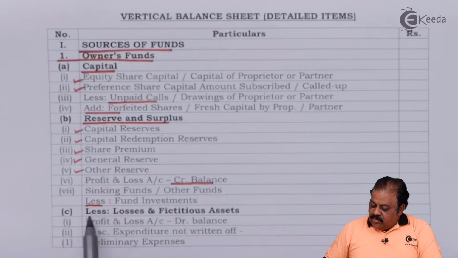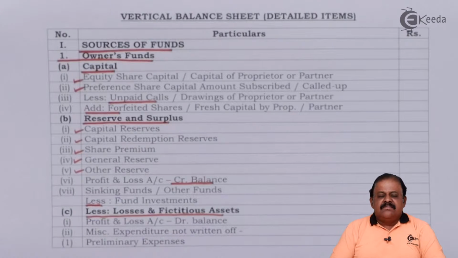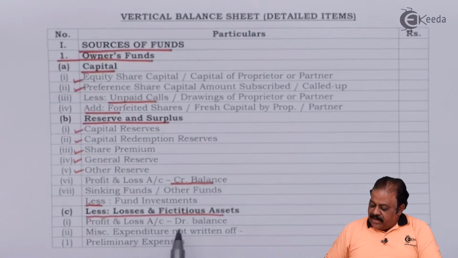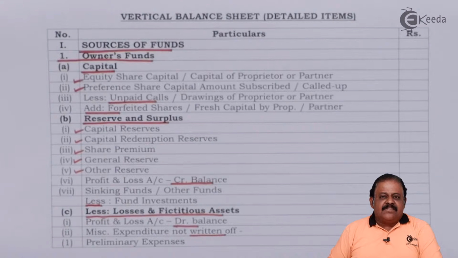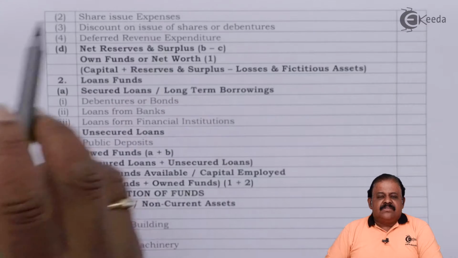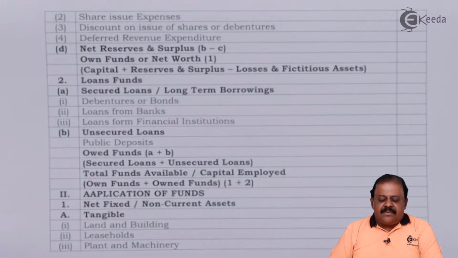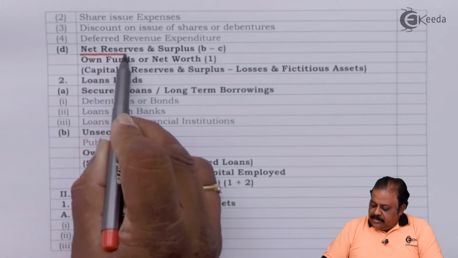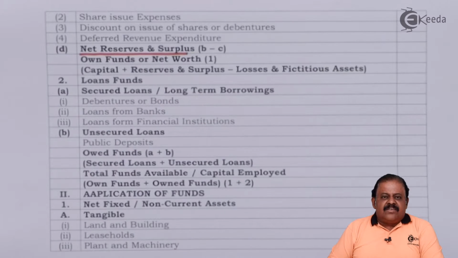From this we are required to deduct fictitious assets, that is, the assets which cannot be realized. For example, profit and loss account debit balance, and miscellaneous expenditure items which are not written off, like preliminary expenses, discount on shares and debentures, redemption premium, share issue expenses, underwriter's commission, etc. It can be called net reserves and surplus, which is added to share capital to arrive at shareholders' fund.